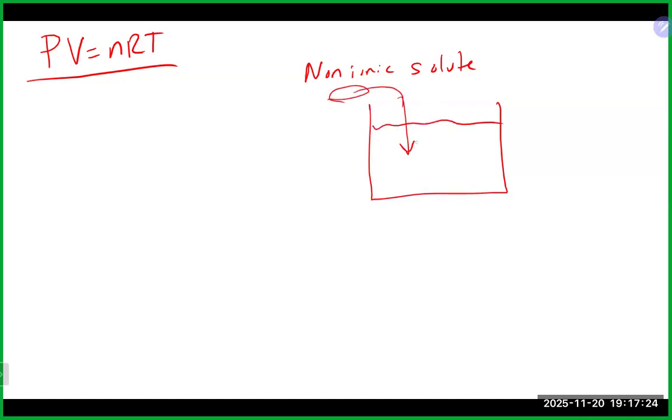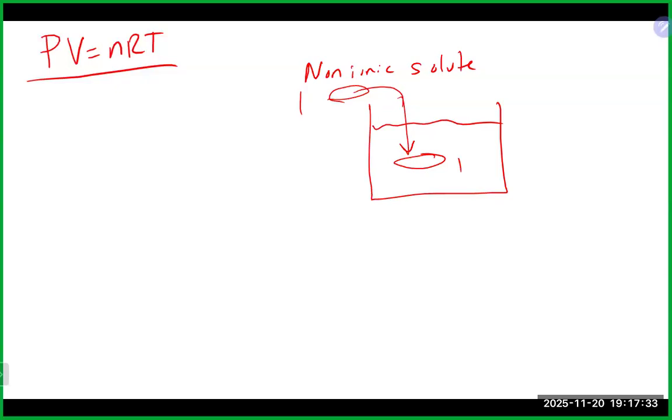of the problems that we did involved a non-ionic solute. And as I mentioned before, when you have a non-ionic solute, essentially when you throw that into a solution, you're basically going to get a one-for-one number of particles in that solution.